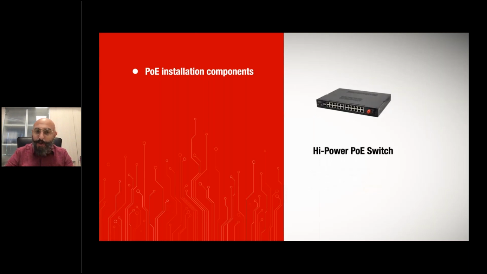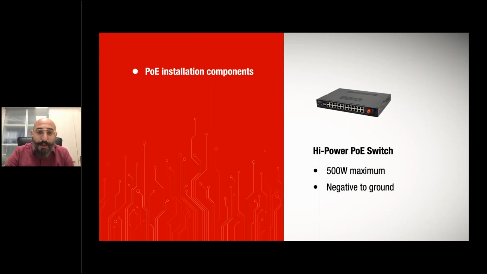Much more, if you have other kinds of devices like MikroTik or Ubiquiti or whatever you want, microwave, you can power them through simple PoE, like passive PoE or a high power PoE switch.